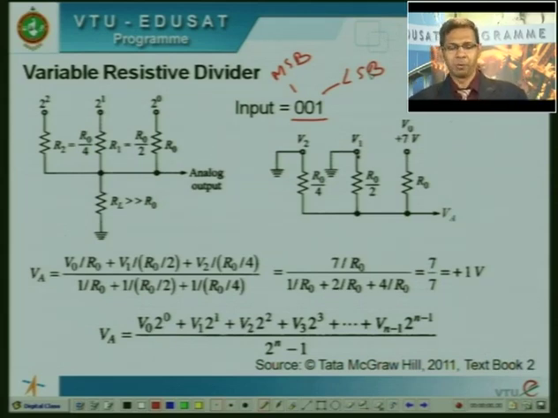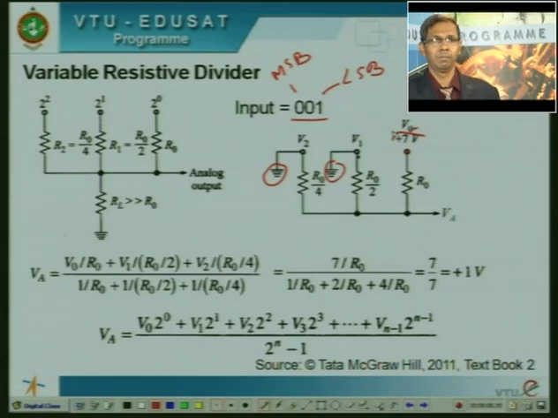What do we mean by 0? 0 is nothing but ground voltage. So, V2 is the MSB, I have connected it to ground. V1 is the second bit, that also I have connected to ground, whereas the LSB I am connecting to plus 7 volts, which is my logic high input. Now, we have to find out what is the value of voltage VA.